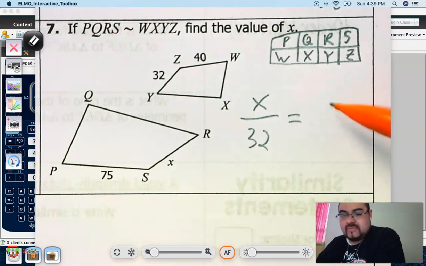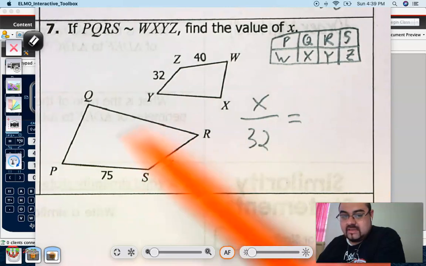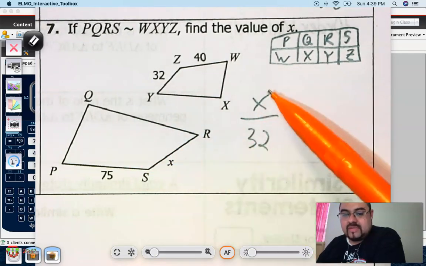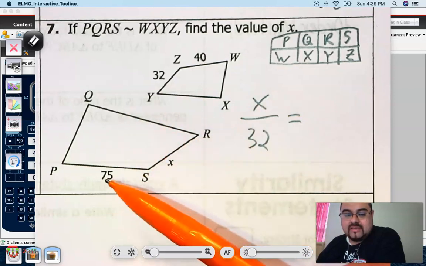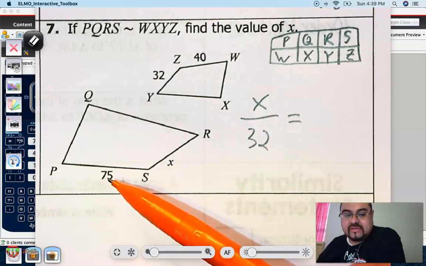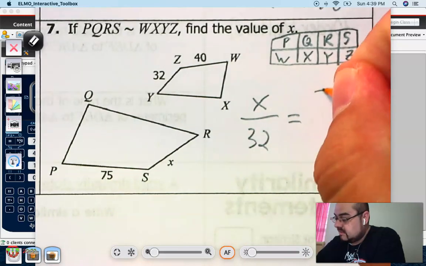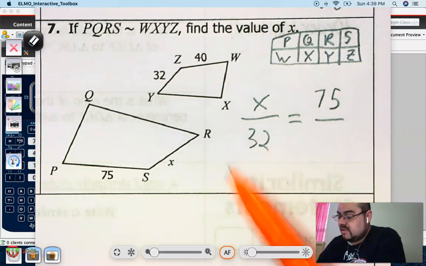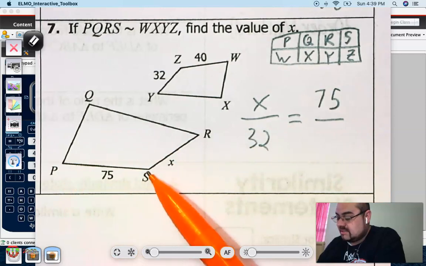Now, when I do my next proportion, the order that I went in was the bigger polygon first because that's where the x came from. So I'm going to pick another number on this polygon. That number is 75. That's what's going to go across over here. 75 corresponds to side PS.